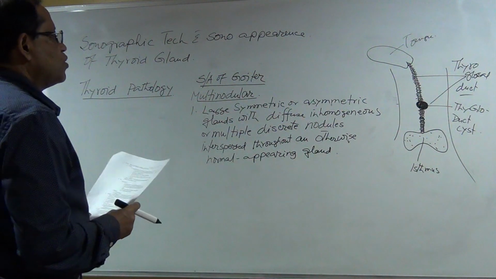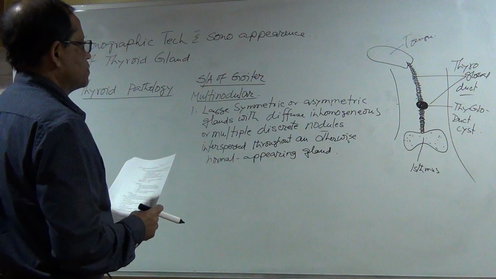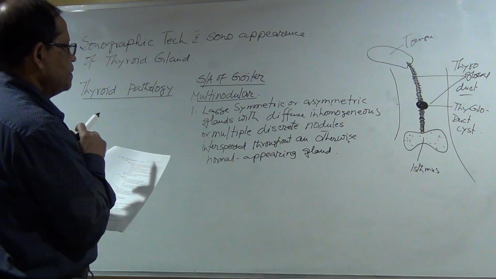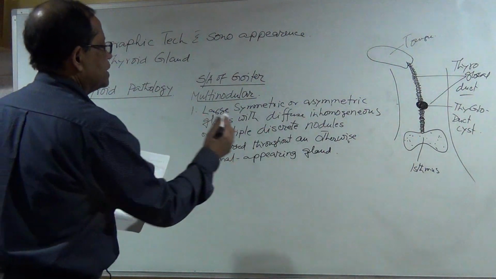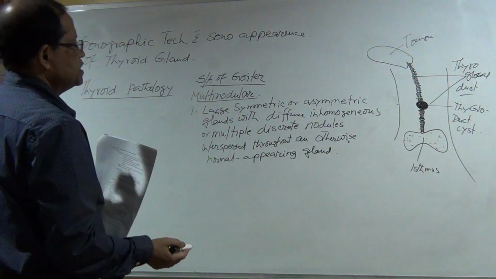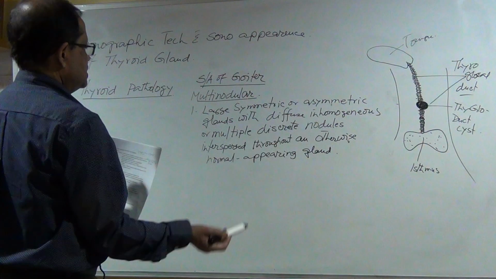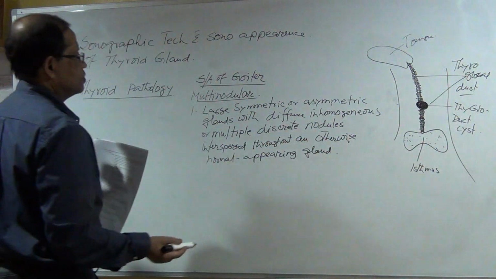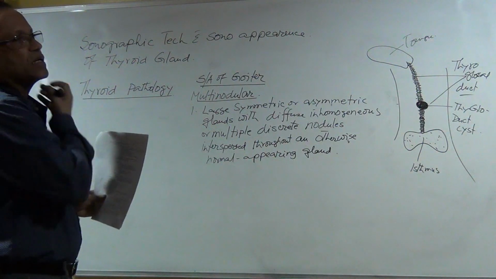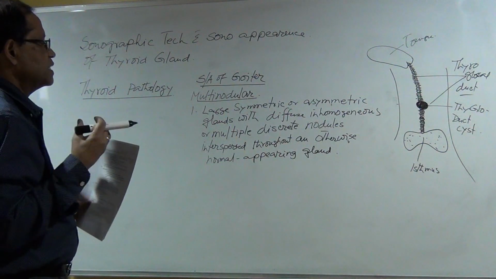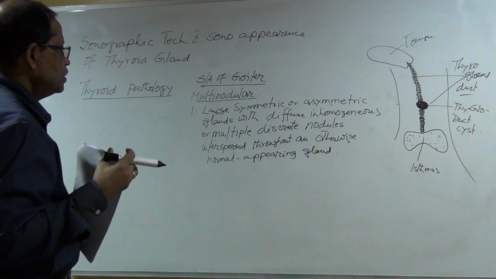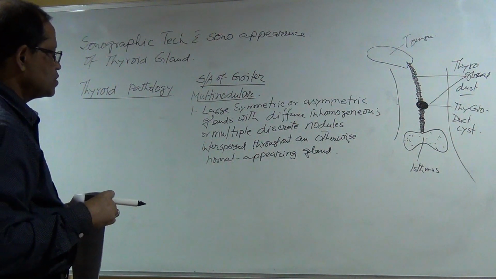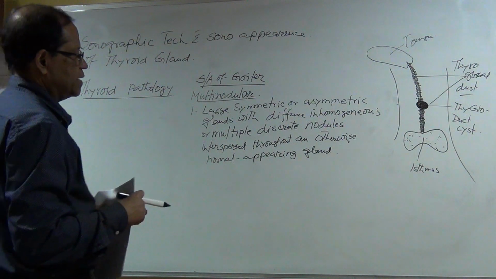Large symmetric or asymmetric glands means equally on both sides or non-equally, with diffuse inhomogeneous means heterogeneous, or multiple discrete nodule means multiple discrete separated isolated nodule interspersed throughout an otherwise normal appearing gland.